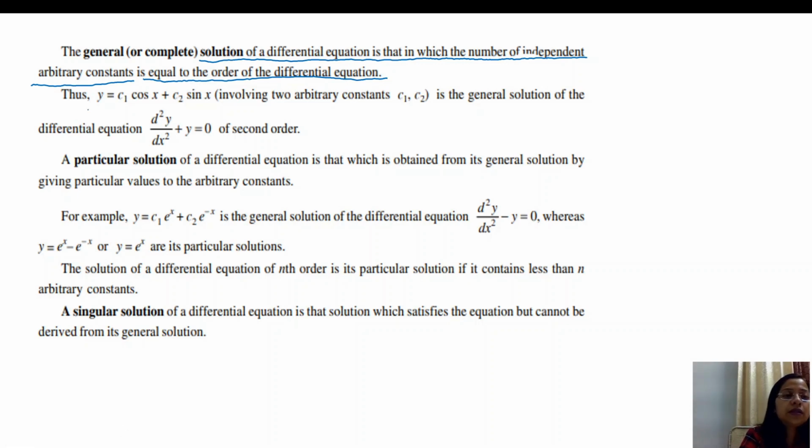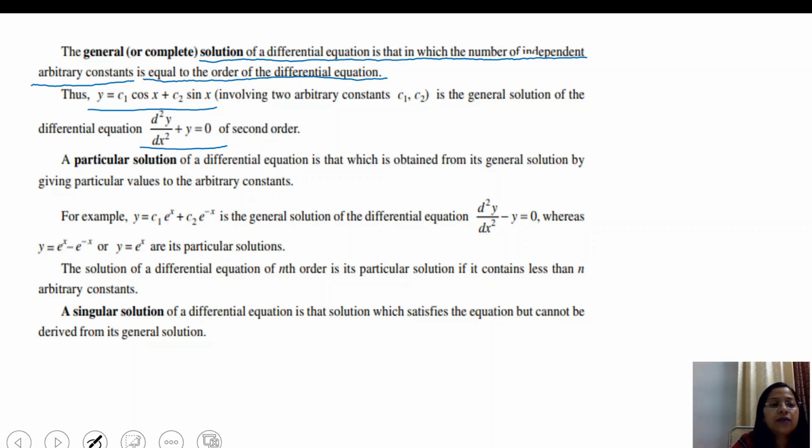So here, in this solution, y is equal to c1 cos x plus c2 sin x, we have two arbitrary constants, c1 and c2. So that's why this is the general solution of this differential equation, which is of second order, right? And what's the degree of this differential equation? It's 1. Alright.